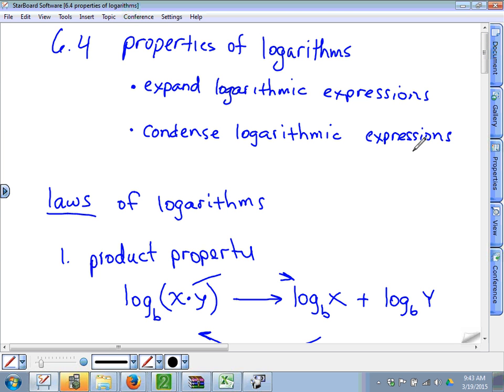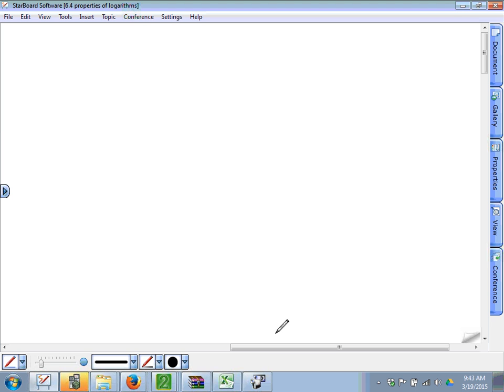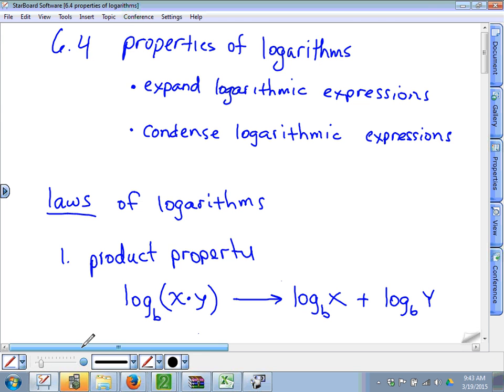The what one? The law of cosines? Where did everything go? You moved it over. Oh. Okay. Is that seat better for you?